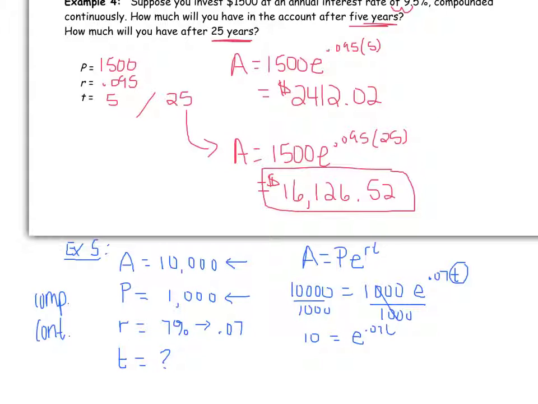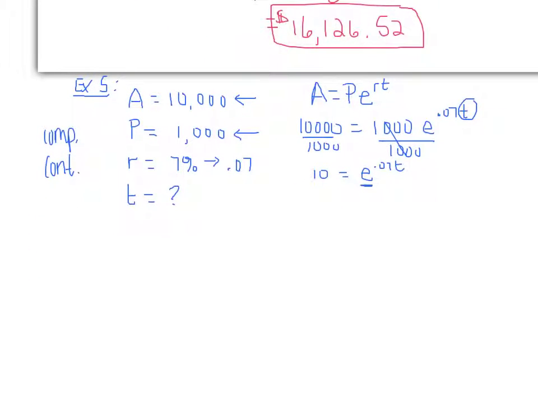Okay? Well, how do you get up to the exponent? Well, when your unknown is in the exponent, you have to convert it to a logarithm. But here's the problem. Our base is e. Now, you don't know what kind of logarithm has a base e, but I'm going to tell you it's called a natural log. Okay?